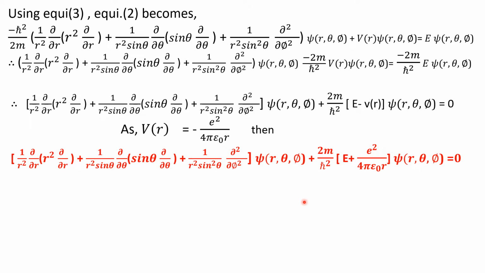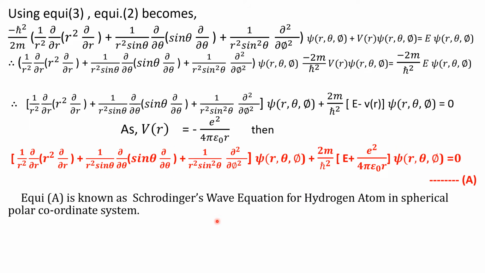This equation is known as the Schrodinger steady state wave equation for the hydrogen atom or hydrogen-like atom in the spherical polar coordinate system. Using that equation, we separate three independent terms, the radial r part, the theta part and the phi part, from equation A.